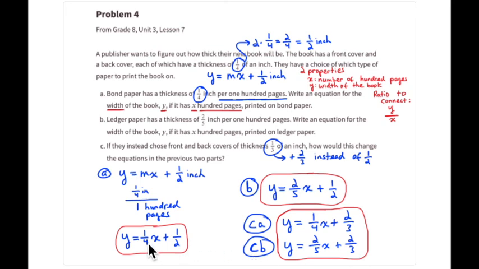So these are 1/4 of an inch per 100 plus 1/2 inch, 2/5 of an inch per 100 pages plus 1/2 of an inch, 1/4 per 100 pages plus 2/3 of an inch, and 2/5 of an inch per 100 pages plus 2/3 of an inch.